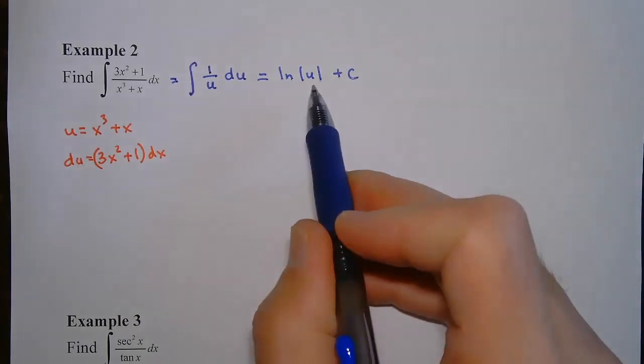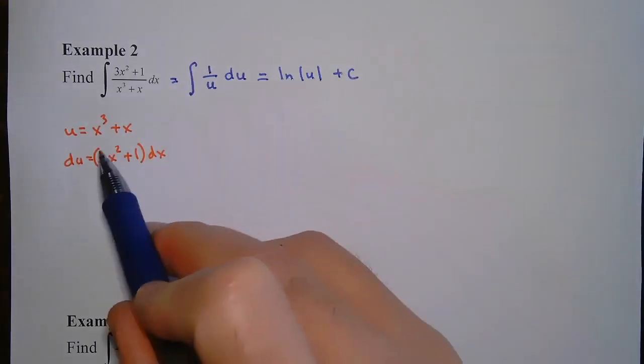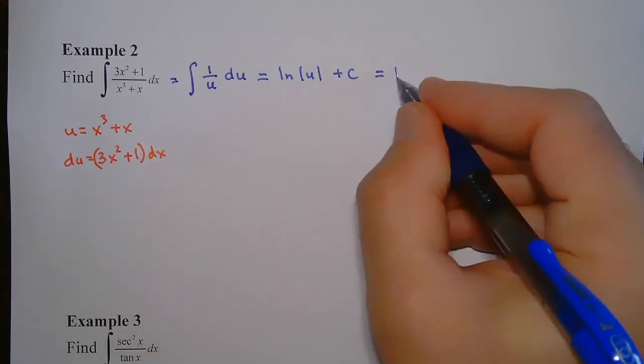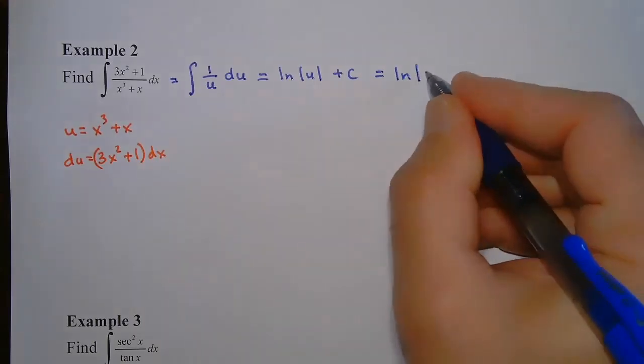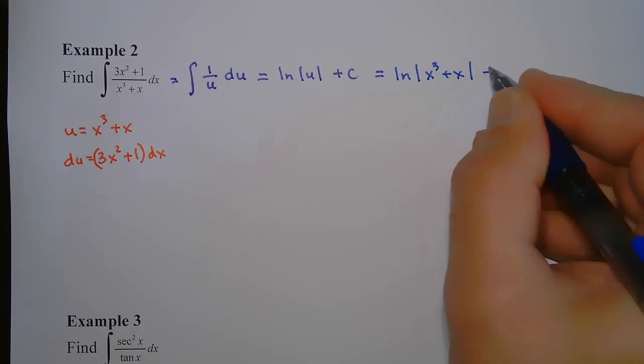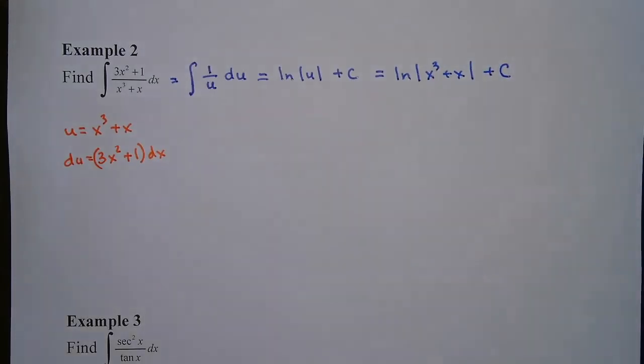Well, what's u? We have to replace u with what it's equal to, which is x cubed plus x. So this winds up being the natural log of the absolute value of x cubed plus x plus your constant c. And that's the answer to example 2.